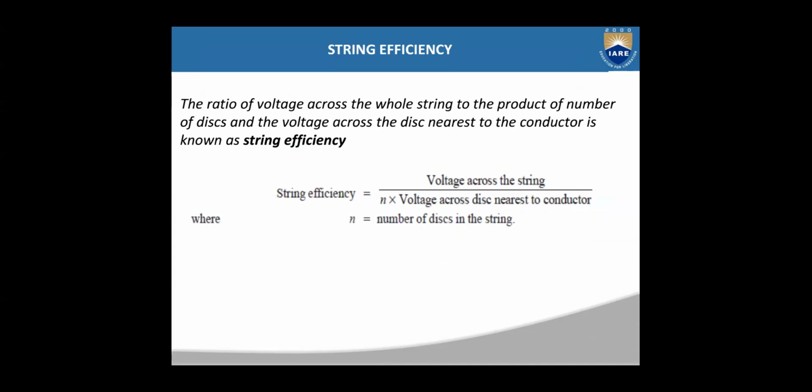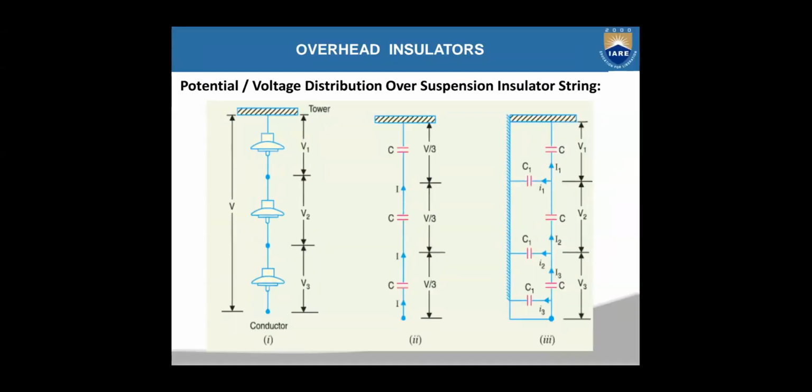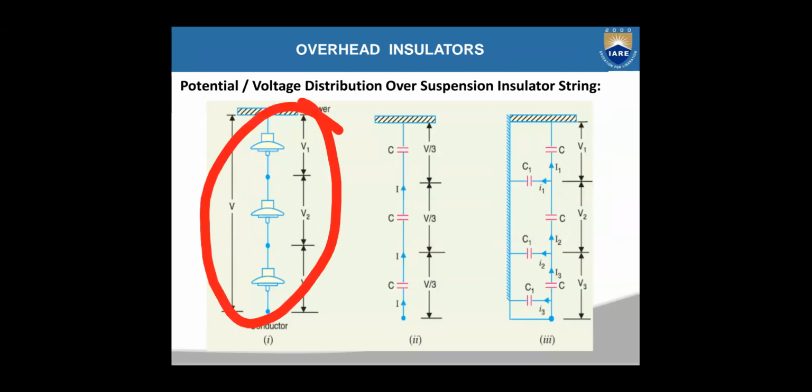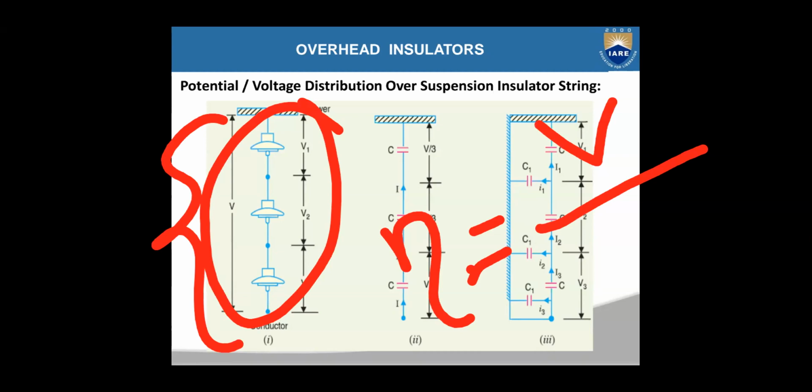Now if you observe the diagram in the previous case, and you want to calculate the string efficiency for this case, here you have 3 disks connected in series. So string efficiency is equal to the voltage across the total string, which is V, divided by the number of disks, 3, multiplied by the voltage across the disk nearest to the conductor.